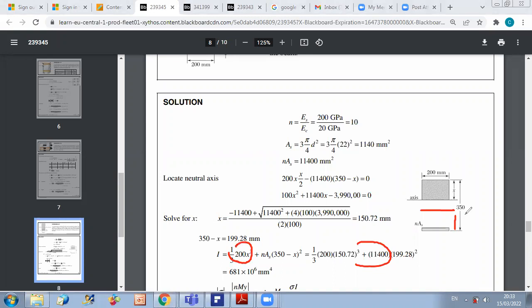Now, you should add the inertia of the second part, which is represented by the steel area, modified by multiplying by n. Now, as we mentioned before, this thickness is negligible. And because the thickness is negligible, if you want to apply the parallel axis theorem, you consider first an axis passing by the centroid of area 2.